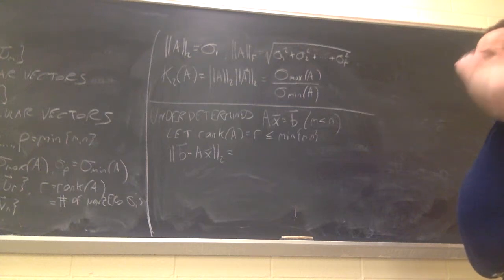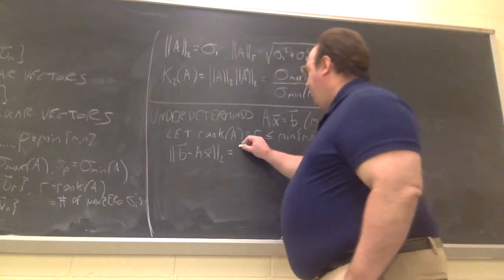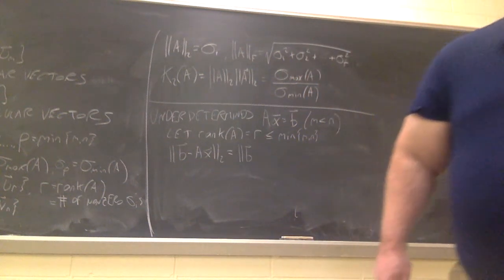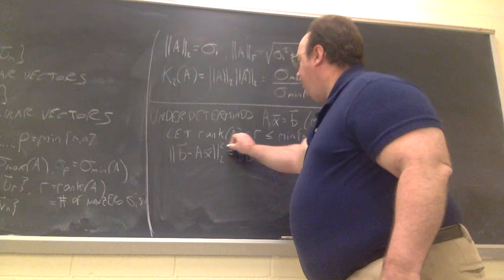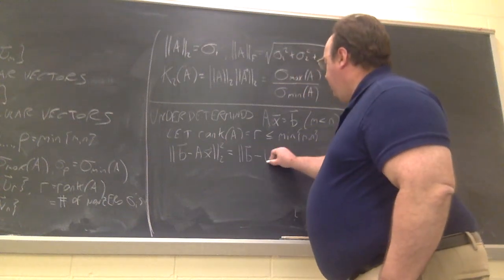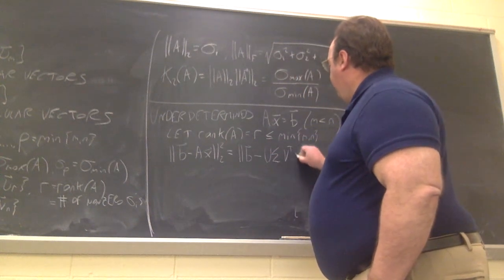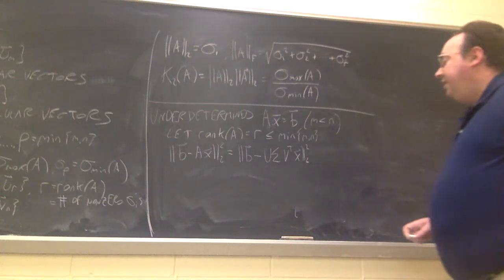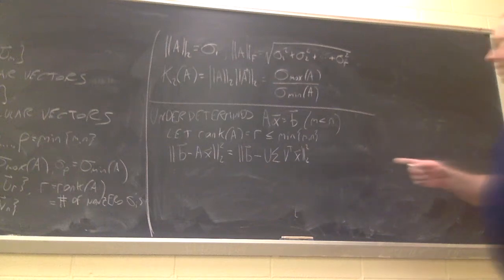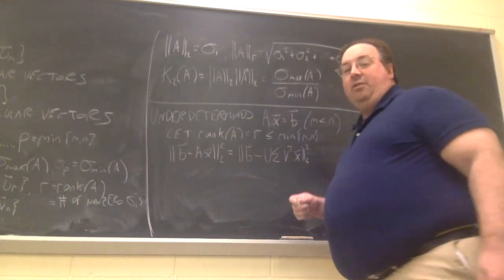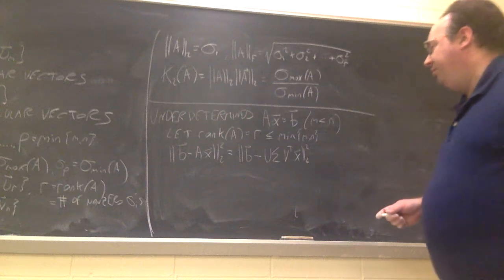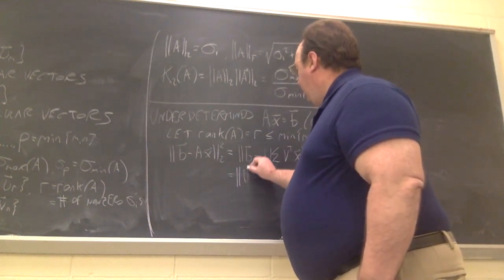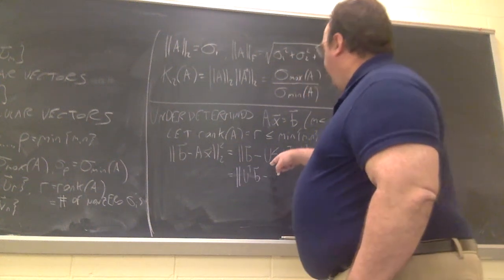First I'm going to replace A by its SVD, and I'll work with the 2 norm squared for convenience: B minus U sigma V transpose X. Now, I can multiply this expression by any orthogonal matrix and it will not change the 2 norm. So I'm going to multiply by U transpose to cancel out the U.